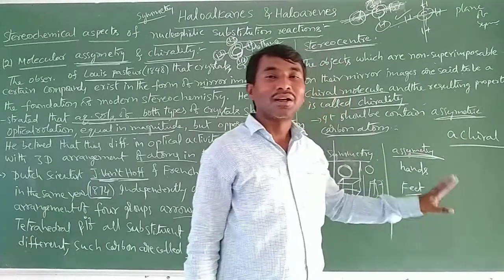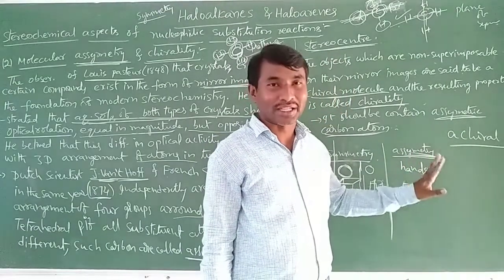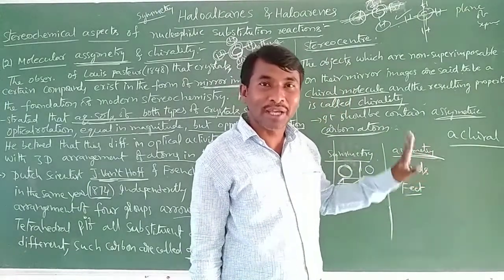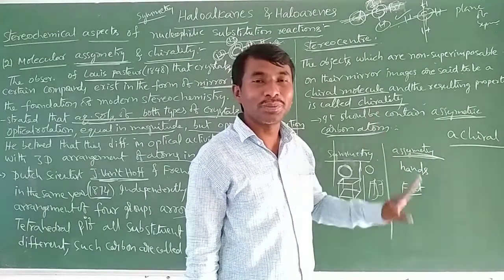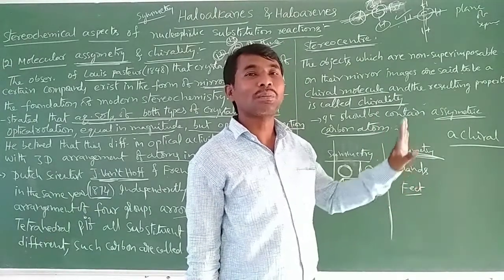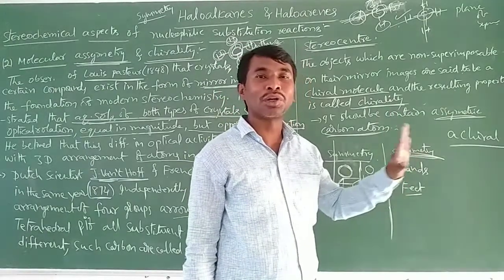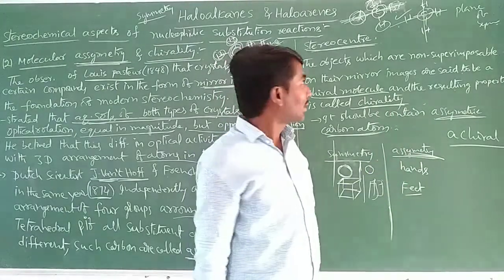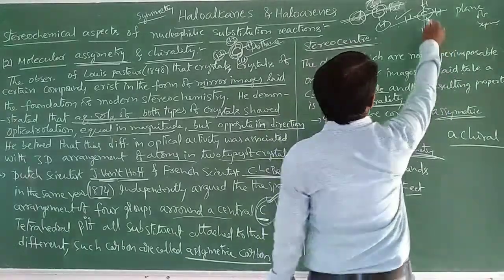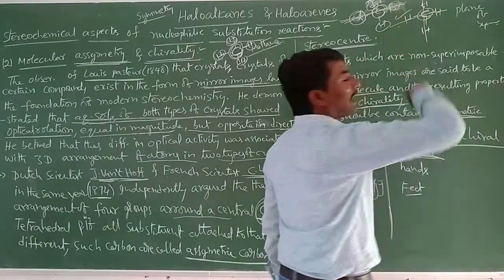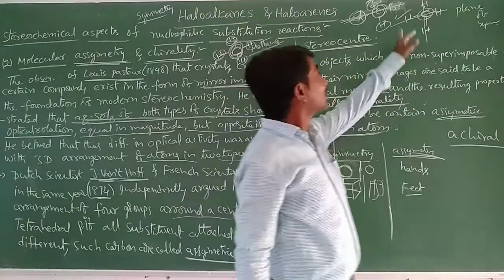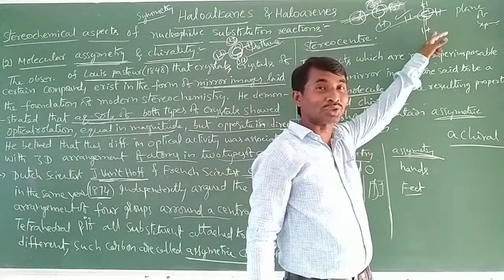The carbon is not asymmetric, meaning there are two or more same groups attached to it. So here this is an achiral carbon. Why? Because the same groups are attached to the carbon.